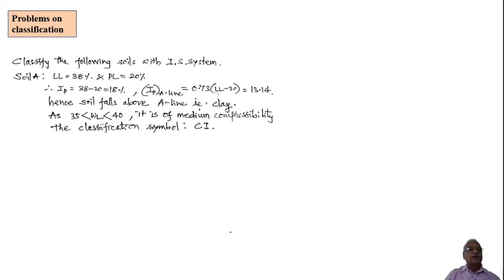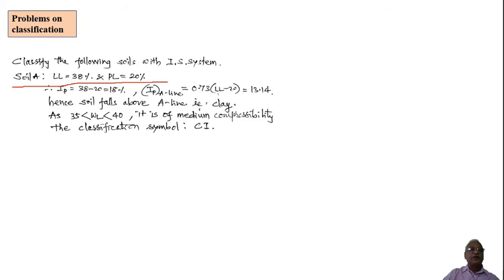Next, classify the following soils with the IS system. What data they have given is soil A has liquid limit 38%, plastic limit 20%. So I can calculate IP, plasticity index, as 18%, 38 minus 20. Now IP on the A line, if I calculate with 0.73 (WL minus 20), it is 13.14.